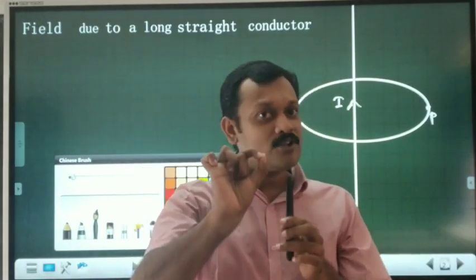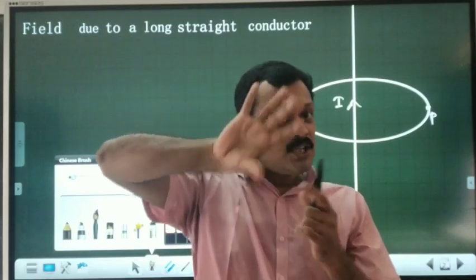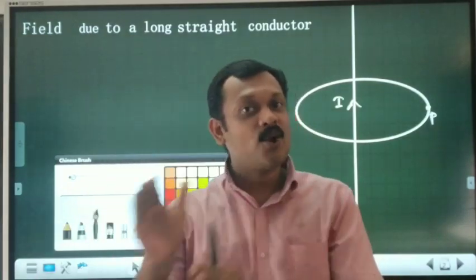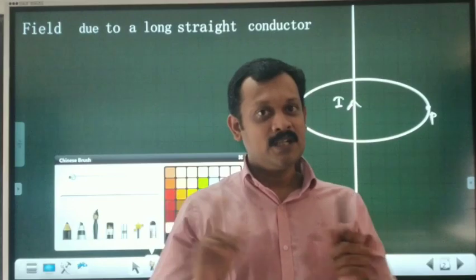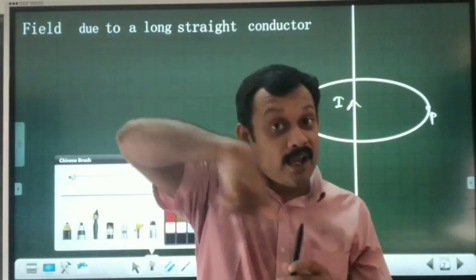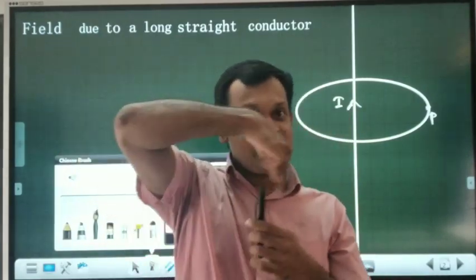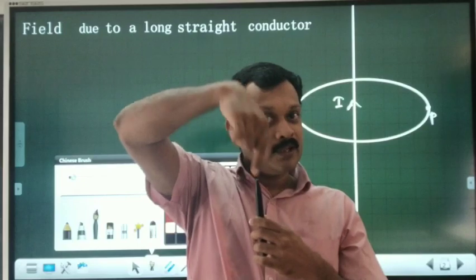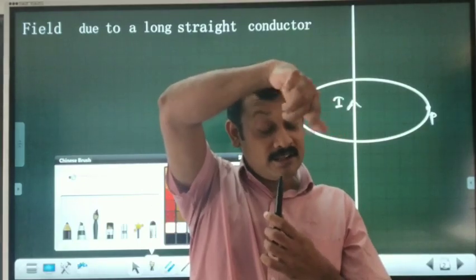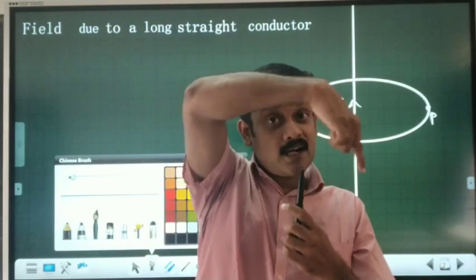Sometimes you may tend to get confused by considering a sphere. A sphere is not a loop, it is a closed surface. A circle is a loop, a rectangle is a loop, a square is a loop. They are all closed loops, which means they do not possess a volume. The enclosed region has an area only, not volume. So a circle is a loop.